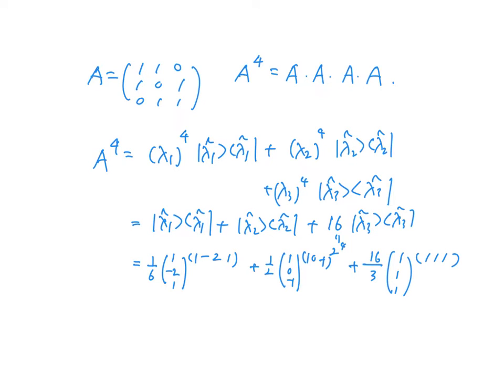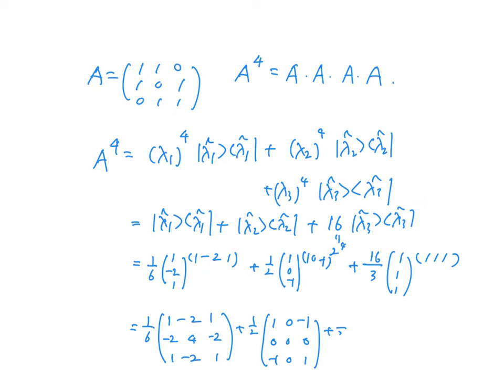So we have 1 over 6 of the matrix with rows (1, minus 2, 1), (minus 2, 4, minus 2), (1, minus 2, 1), plus 1 over 2 of the matrix (1, 0, minus 1), (0, 0, 0), (minus 1, 0, 1), plus 16 over 3 of the all-ones matrix.